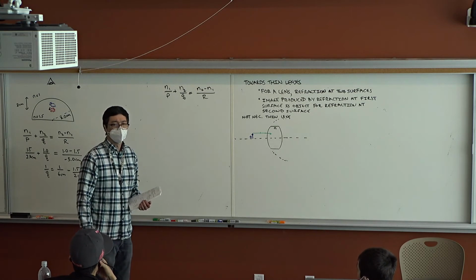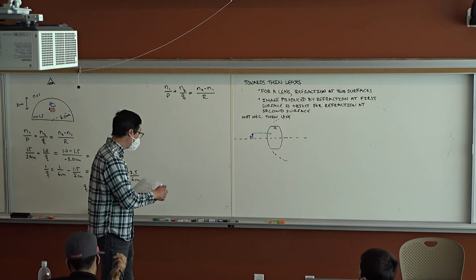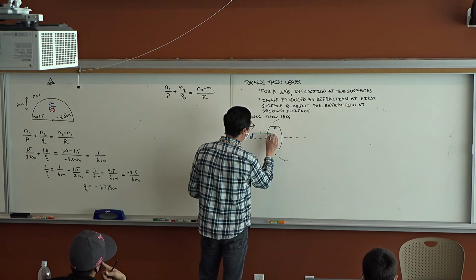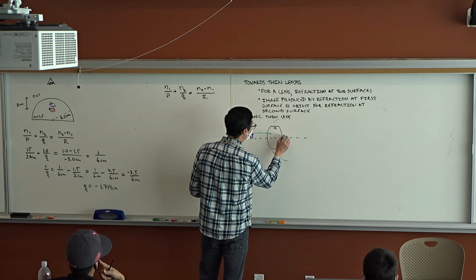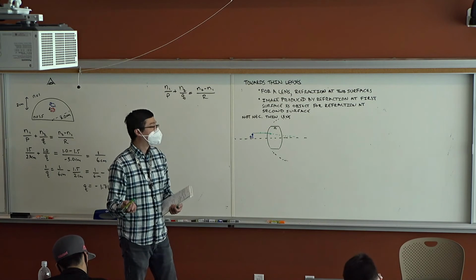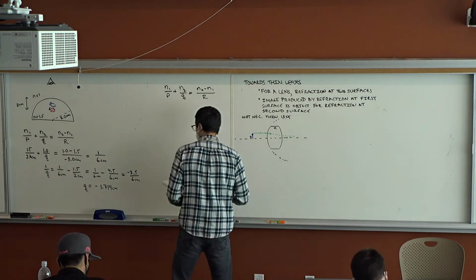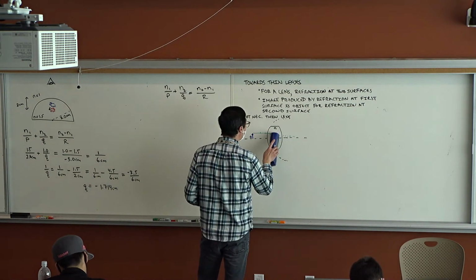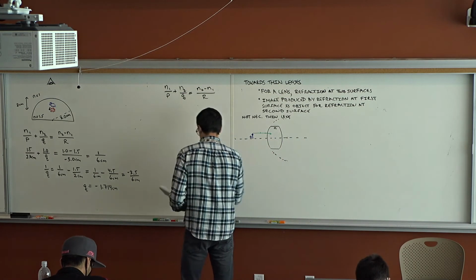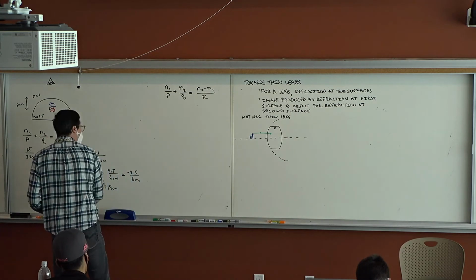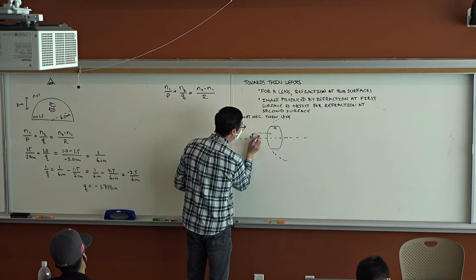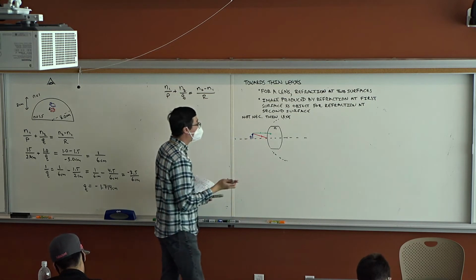Happy enough? Then we could also look at this. That looks like it'll do something like that. Is that reasonable-ish? Okay. Then I also want to draw a ray that goes straight towards the center.